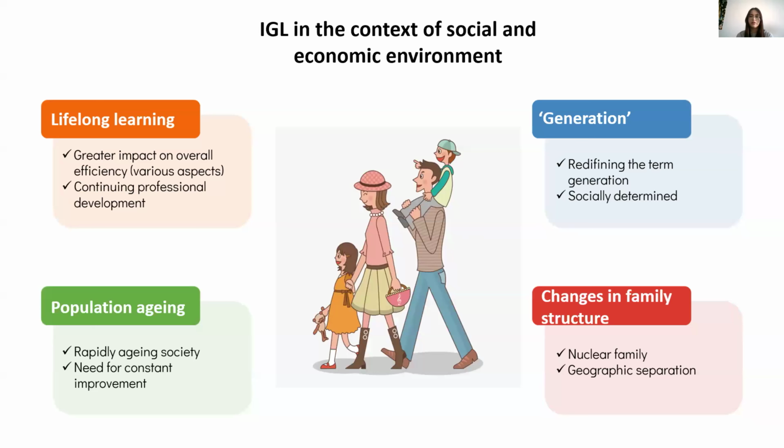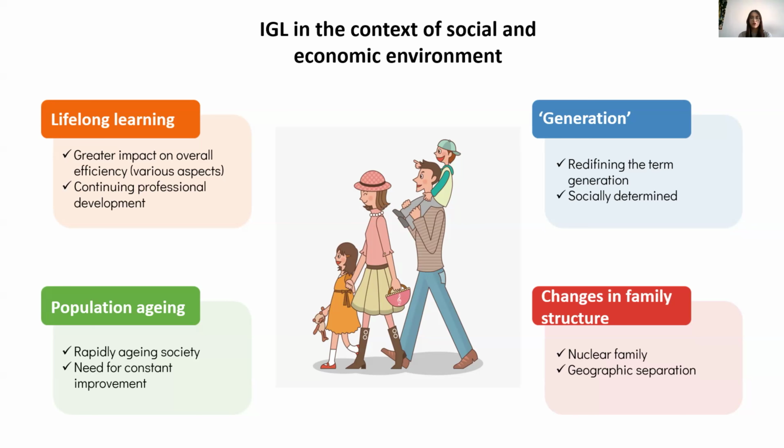And these changes have seen extended families being increasingly replaced by nuclear families and various modern family structures. Moreover, modern families are geographically more distant from other family members and relatives.